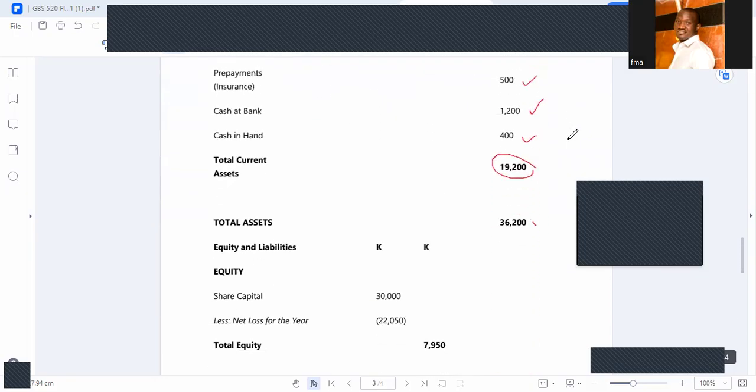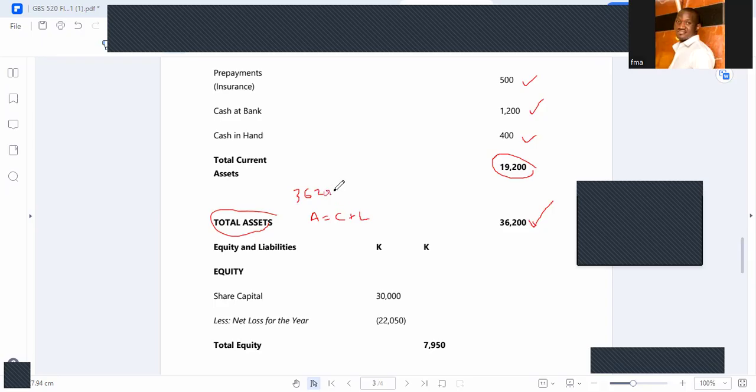All right. So this is going to be 36,200. Are we together so far on our total assets? So our accounting equation: assets should be equal to what? Capital plus liabilities. Yes, so our assets were done already. This is 36,200.